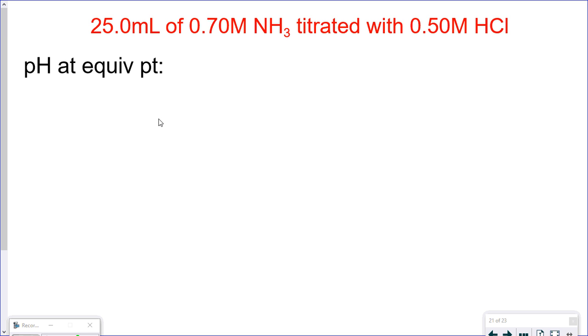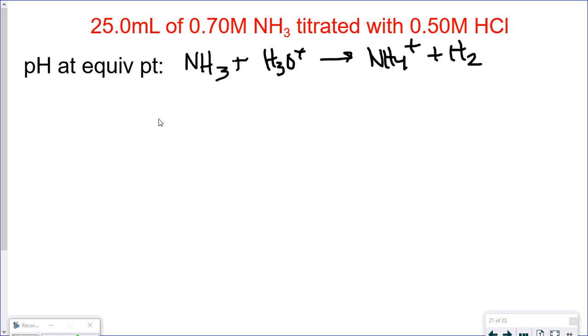So our original reaction is the ammonia and the hydronium from the acid producing ammonium and water. So we said this is the one that is still with moles because we're neutralizing moles.